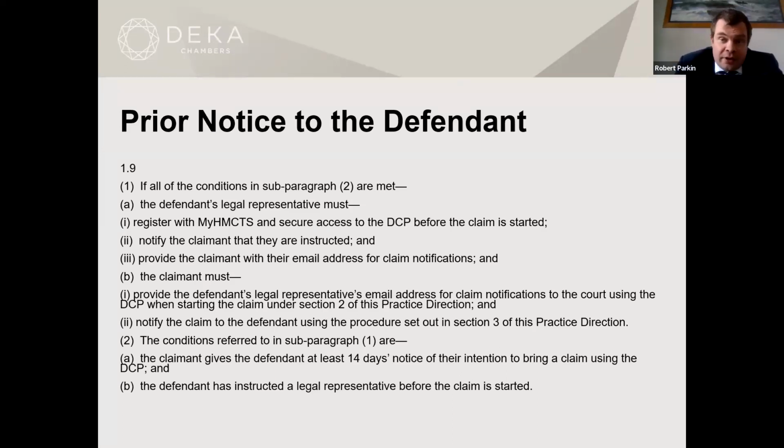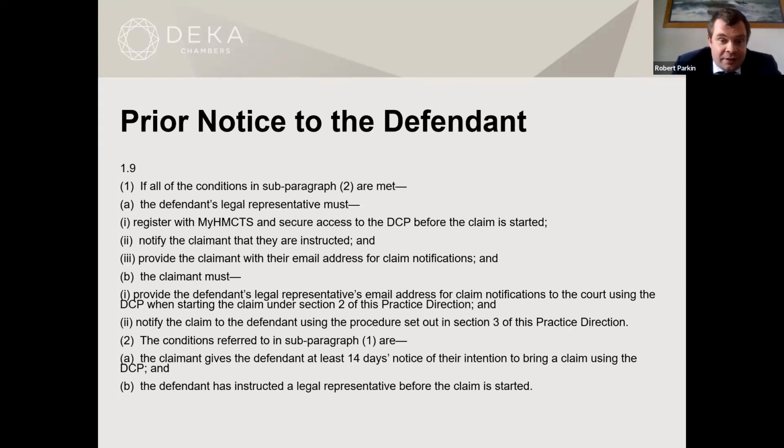Right. Prior notice to the defendant. If all of the conditions in subparagraph 2 are met, the defendant's legal representative must register with HMCTS and access the DCP before the claim is started, notify the claimant that they are instructed, and provide the claimant with their email address for claim notifications.